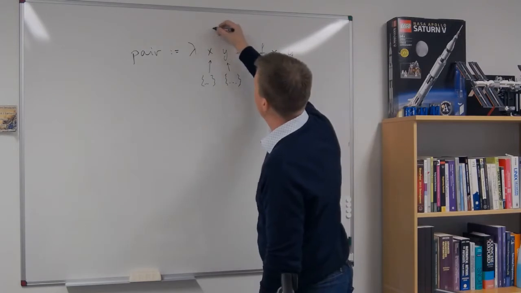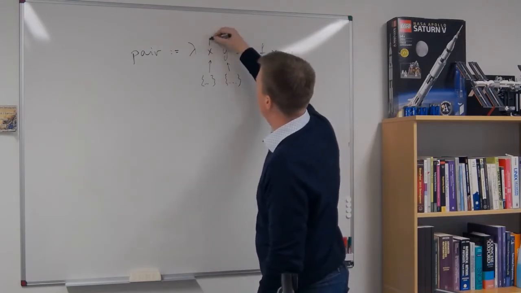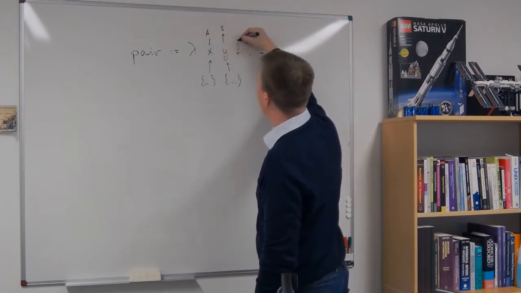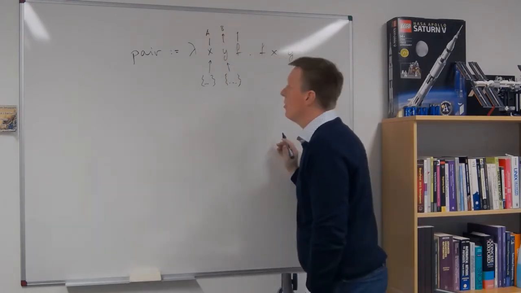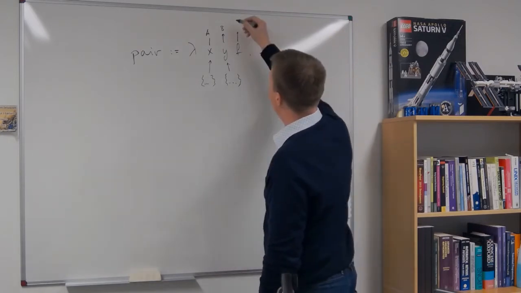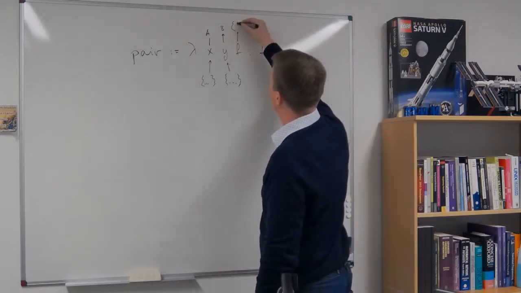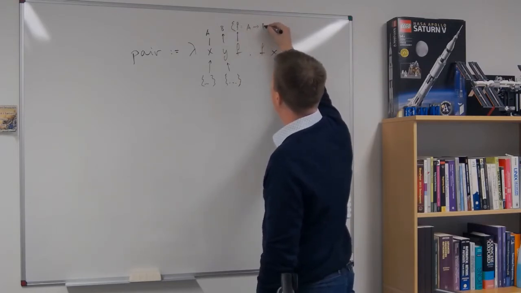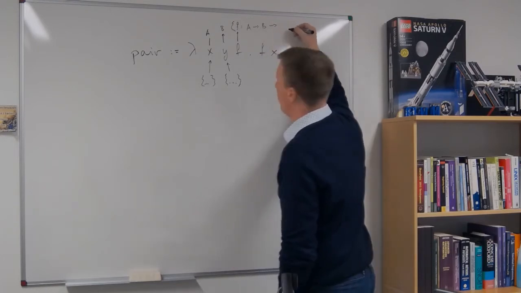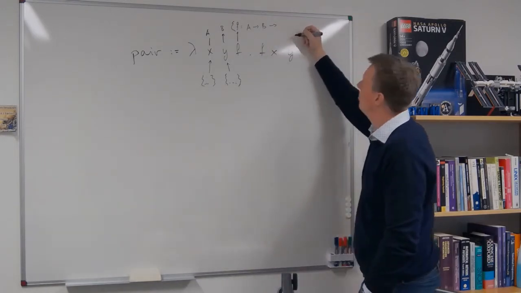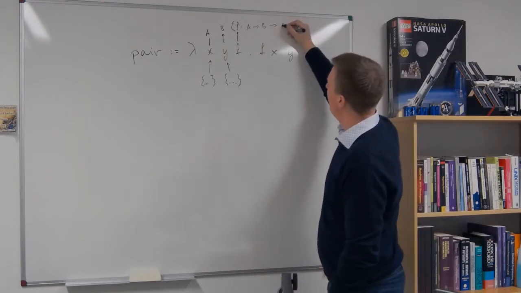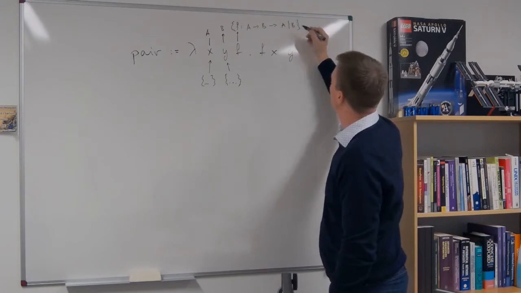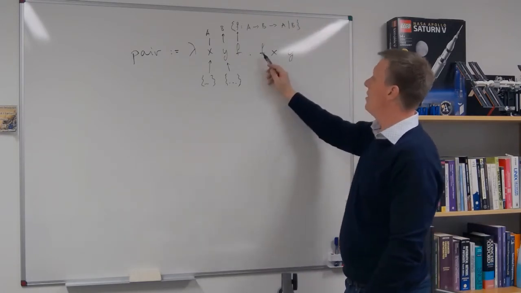So we can say that this x here belongs to the set which we call A, and this y belongs to the set called B. Now this f here needs to belong to something which contains the set of things that have the structure: something which takes an A and a B to produce, what should it produce? Well, it needs to produce either an A or a B, right? This would be absolutely nonsensical otherwise.